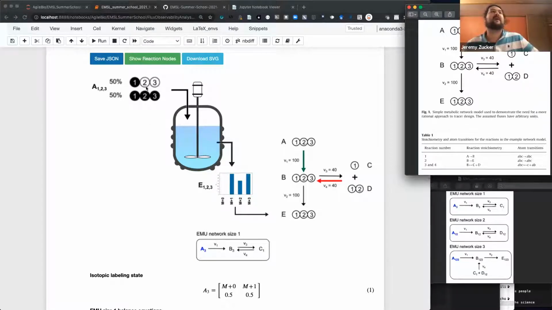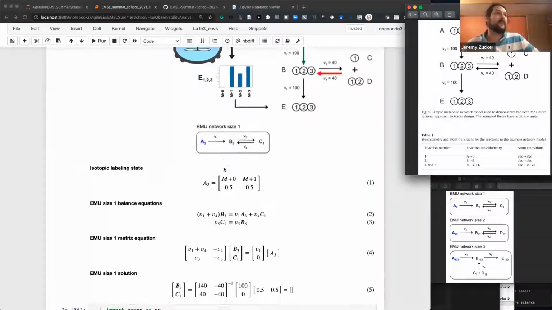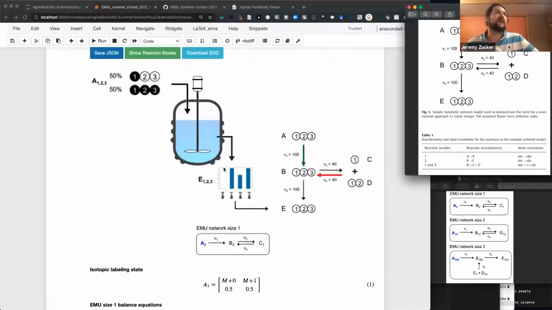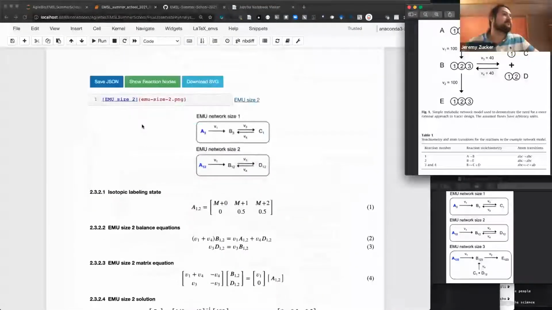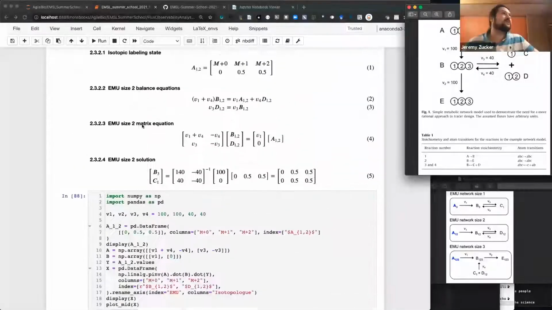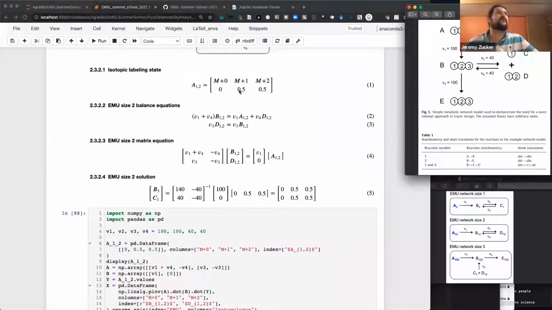And then I think we also have A12 somewhere. And so A12 would be 50% unlabeled, 50% two labeled. Sorry, what is A12? I forget. A12 is 0.5, 1 labeled, 0.5, 2 labeled. Here we go. Why do we keep 0 for the first position to D12?